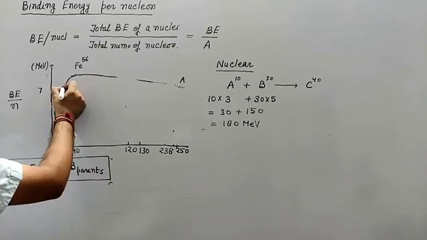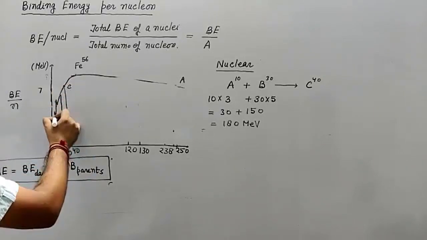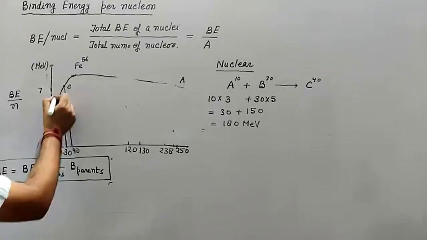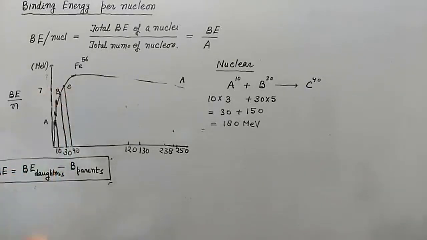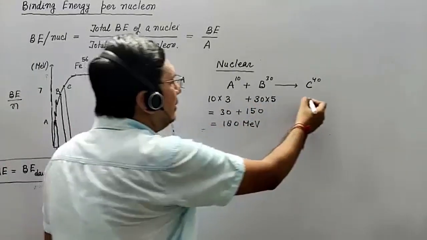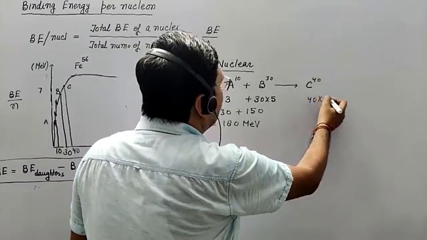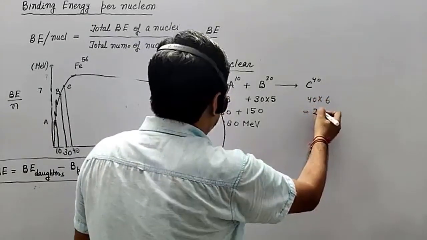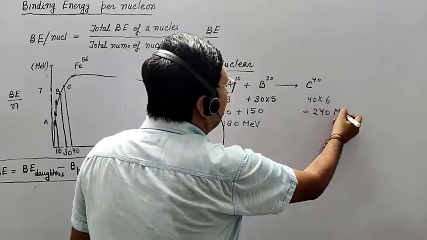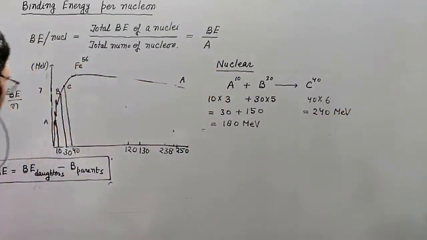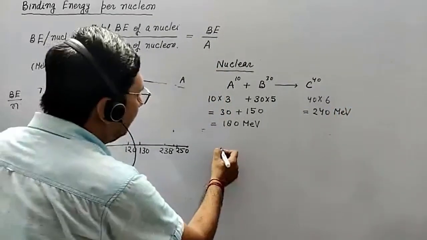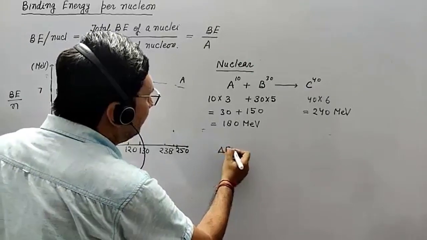For the 40 nuclei, this is the C nuclei. Here this is A nuclei, this is B nuclei. For C nuclei, this is 40, and suppose this is 6. So this will be 240 MeV. So how much energy will be released here?